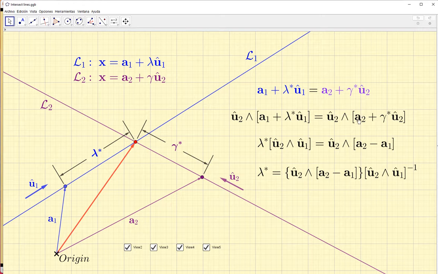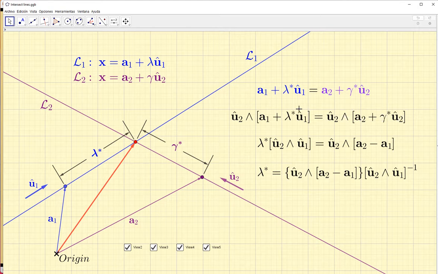So we'd get u hat 2 wedged with a2 and u hat 2 wedged with a scalar multiple of the same u hat 2. Now, the wedge product or outer product of any vector with a scalar multiple of itself is 0. So when we distribute this here, we get u hat 2 wedge a2, and this part just is 0.